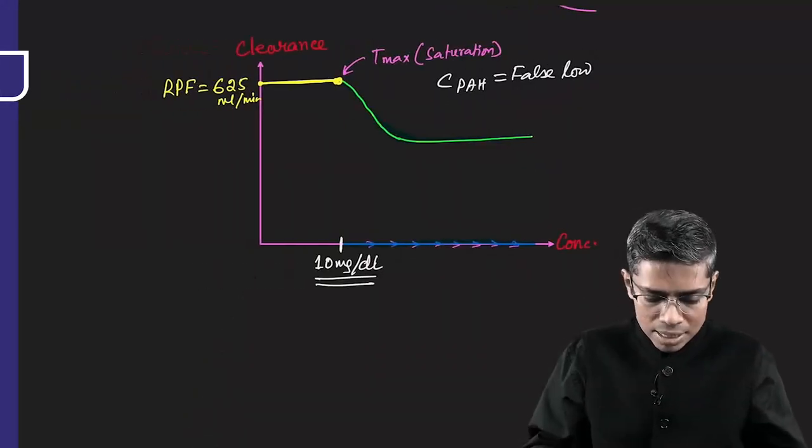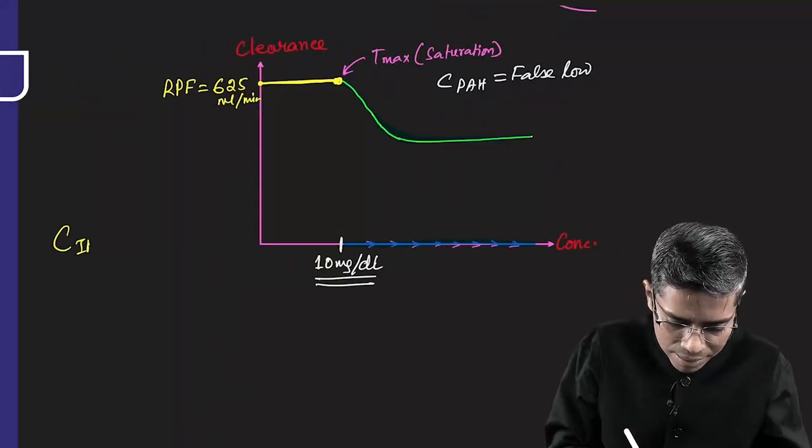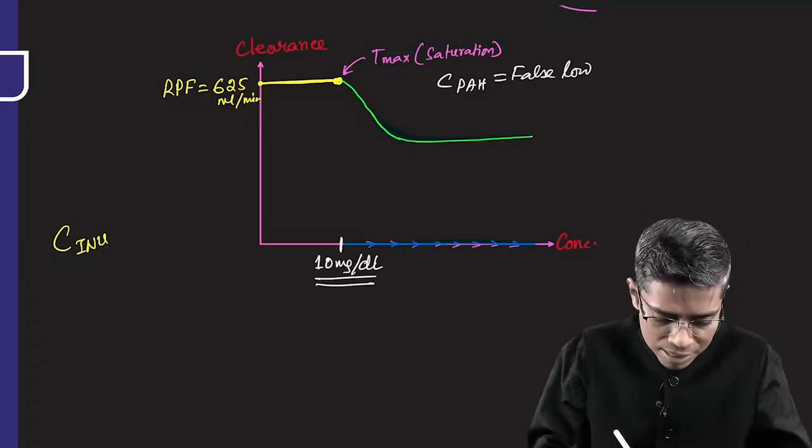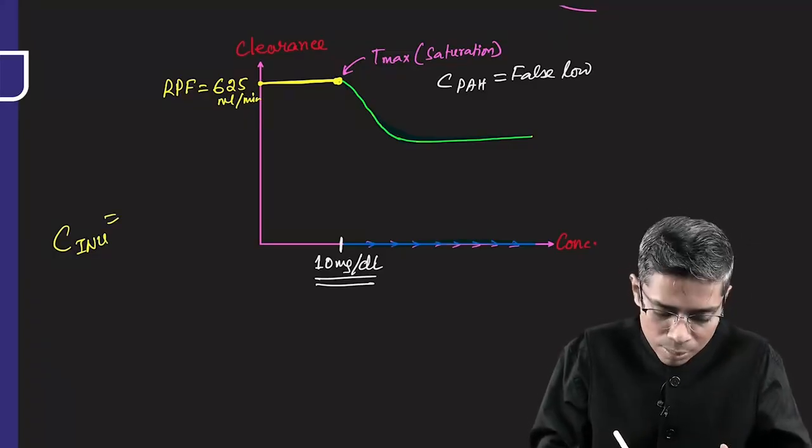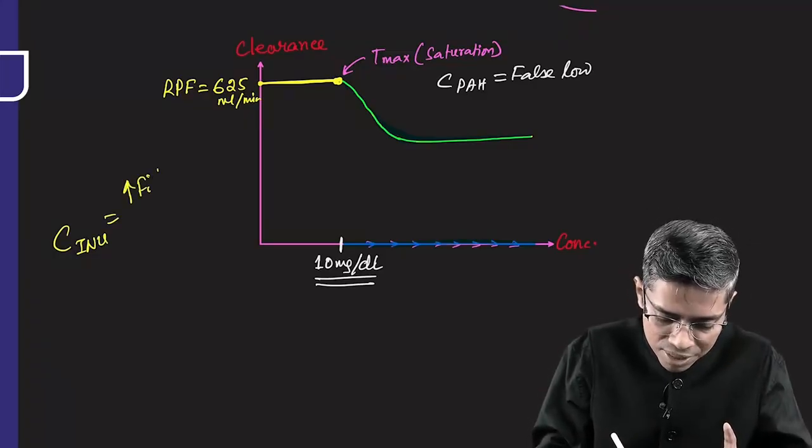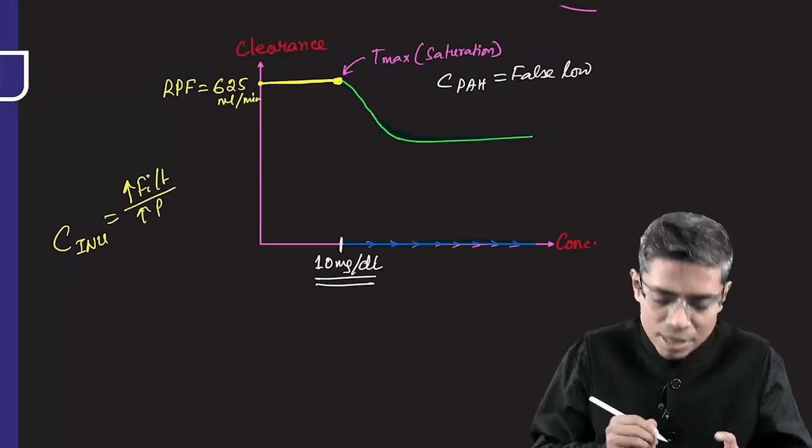Now in this clearance curve, if I ask you how the clearance of inulin will look, if I give a huge amount of inulin injection, what will happen? Inulin is a freely filterable substance. The more you inject, the more will be the concentration, so the more will be the filtration, and proportionally more is the plasma concentration.